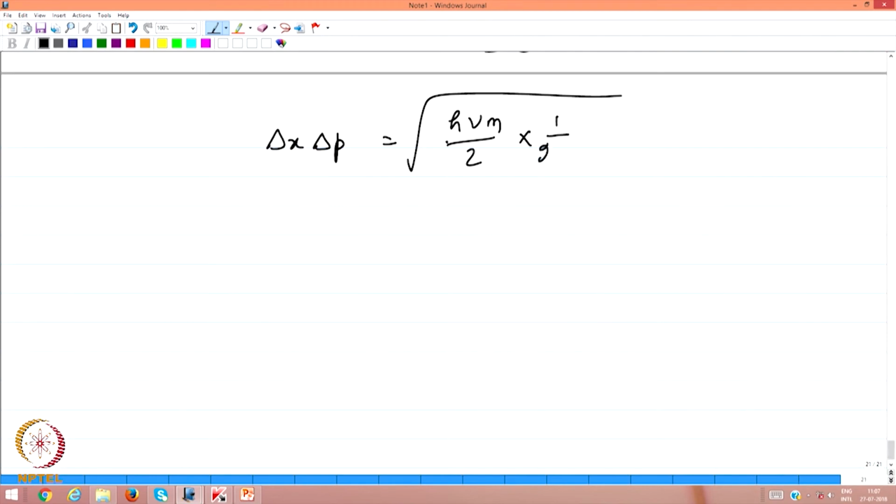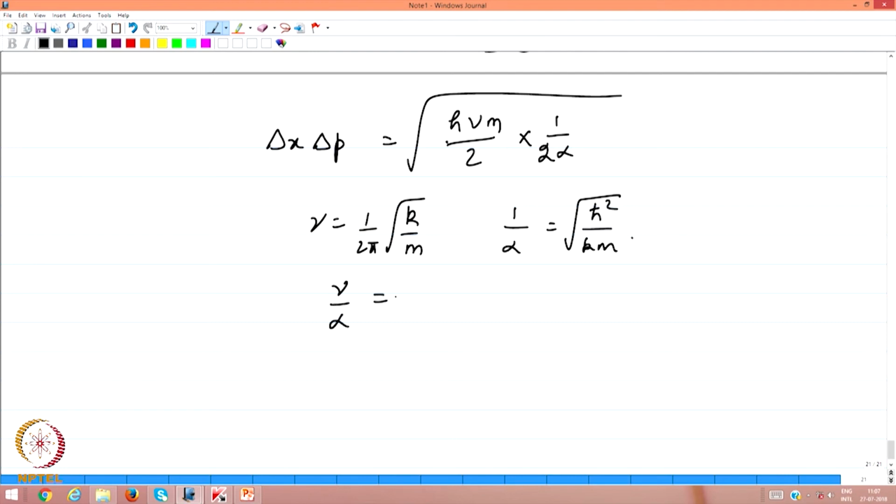Therefore, it is very easy to calculate delta x delta p as the square root of m h nu by 2 into 1 by 2 alpha. Now, all you need to do is substitute all these things. Nu is 1 by 2 pi square root of k by m, and 1 by alpha is square root of h bar square by k m. Therefore, nu by alpha is going to give you 1 by 2 pi square root of k h bar square by k m, k goes away, and so you have h bar by 2 pi m.